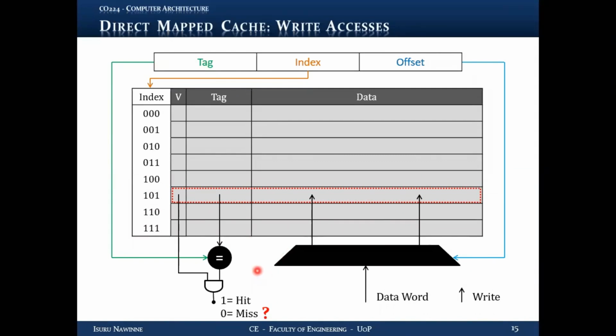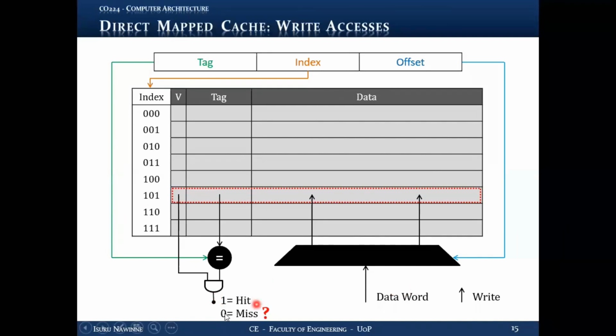So if this was a miss, then we are going to go to the memory and fetch the missing block and replace this old block. So we are going to overwrite this anyway, and the correct version of that old block is available in the memory if we have used the write through write policy, right?